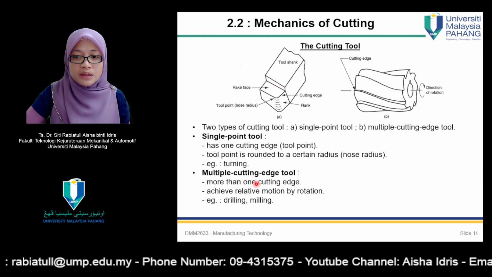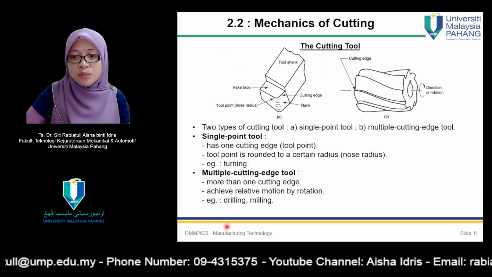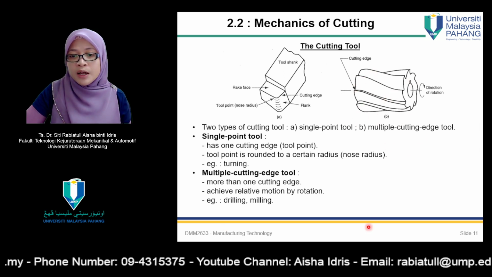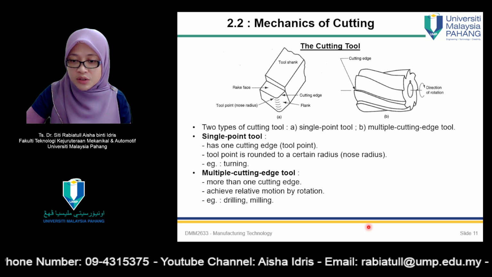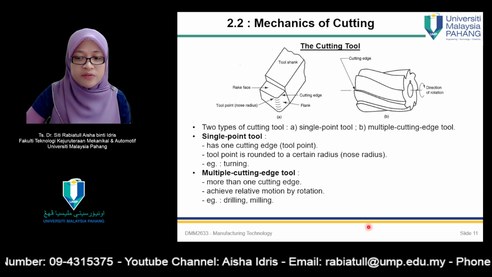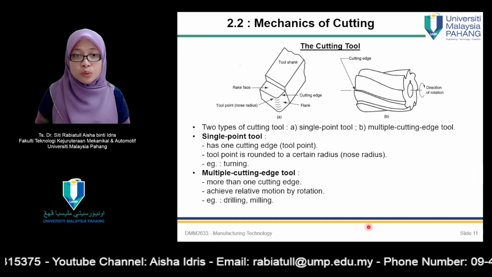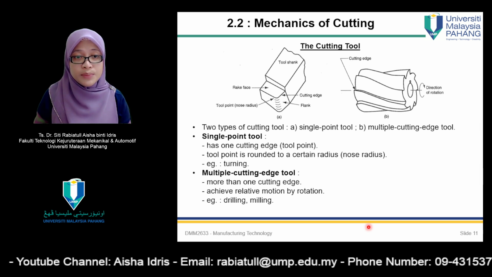Meanwhile, a multiple cutting edge tool has more than one cutting edge, as can be seen from this figure. Relative motion is achieved by rotation, of course, and this is normally used to make holes through drilling as well as the milling process.